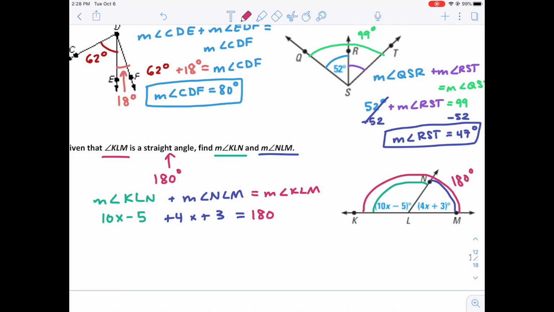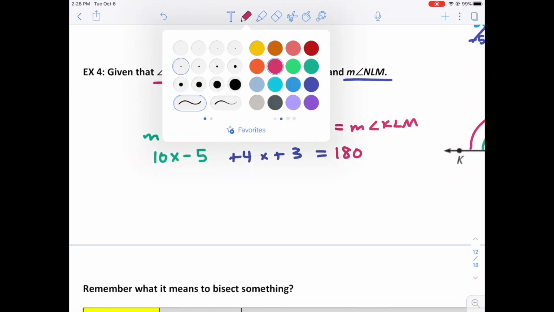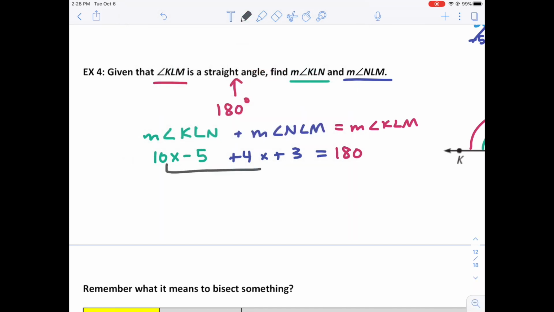So even though the setup's kind of tricky, now I have an equation that I've seen before. All my variables are already on one side, which is nice. I just need to combine like terms, and then I'll be able to solve for my x value. So I have 10x plus 4x, that's going to give me 14x, plus I have negative 5 and positive 3, so actually it's not going to be plus, it's going to be minus 2.